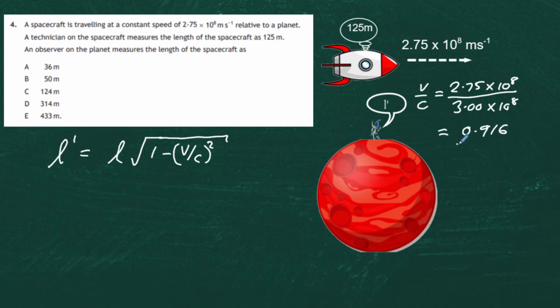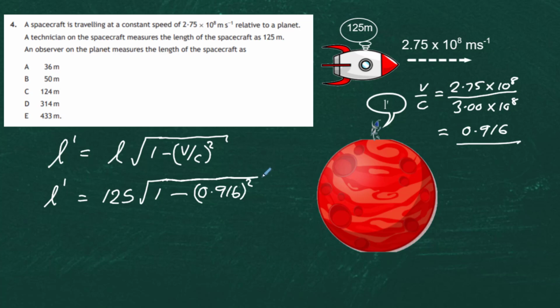Now we can put the v upon c into the equation. So the relativistic length L prime is going to equal the proper length 125 times the square root of 1 minus 0.916, and remember we bracket around that to square it, and it's the complete square root of that sum inside.